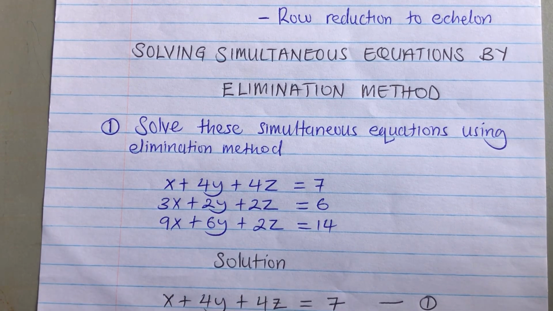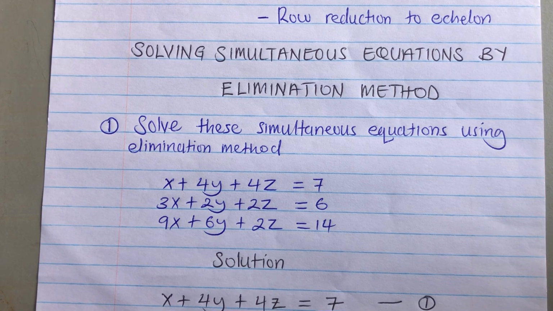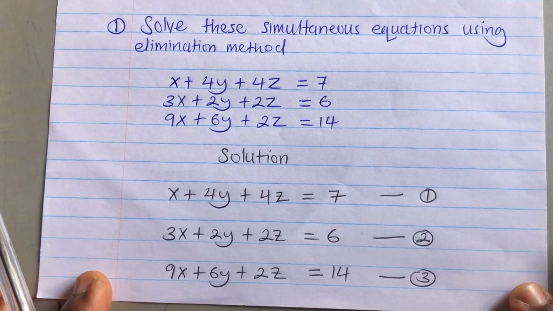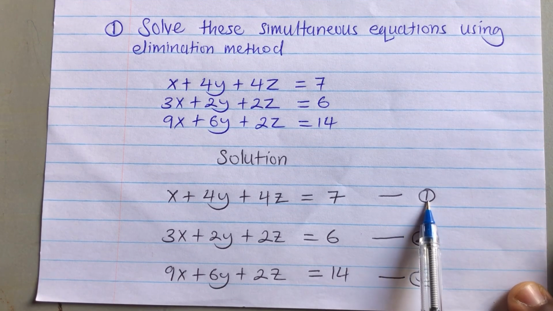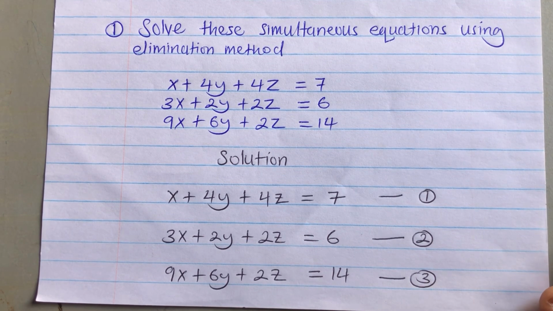So our first step as we solve the simultaneous equations is first of all naming these equations. We shall give them 1, 2, and 3 so that we can easily identify them.